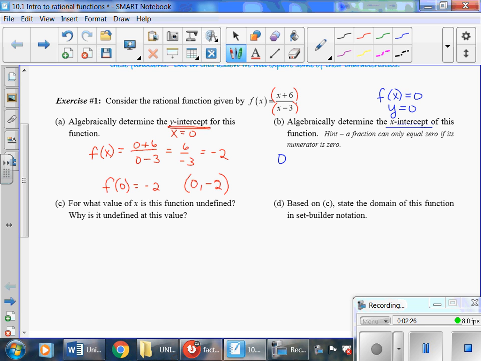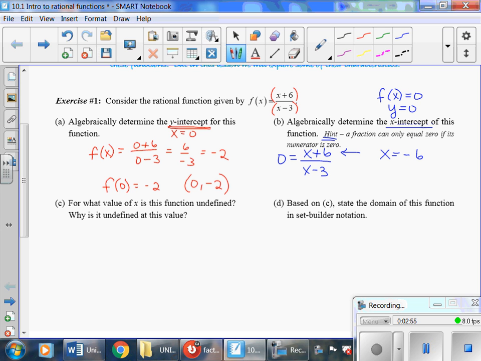So let's write our function down where it says 0 equals x plus 6 over x minus 3. Now, the hint I give you right here is a fraction can only be 0 if its numerator is 0, not the denominator. Remember, if the denominator is 0, we have an undefined fraction. All right, so we're going to say what number is going to make this equal to 0, and obviously the answer is x is negative 6.